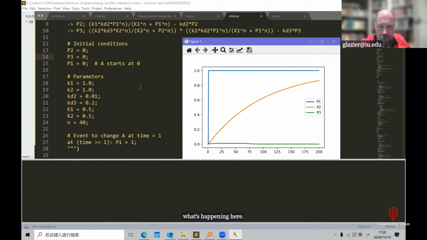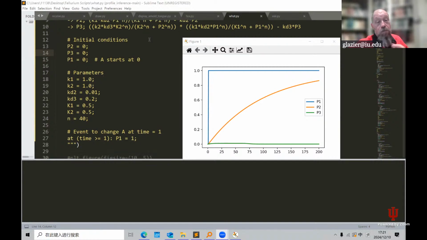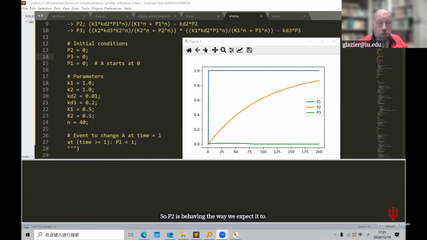You see P2 turns on and P3 starts to turn on, but we never get it to be excitatory. Why not? So P2 is behaving the way we expect it to. And so the question is, why is P3 not behaving the way we expect it to? P3 should be turning on.